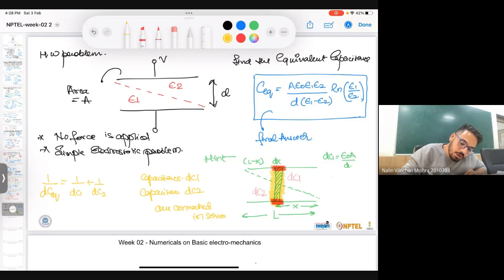The area will be dx times w. Assume w as the in-plane width.